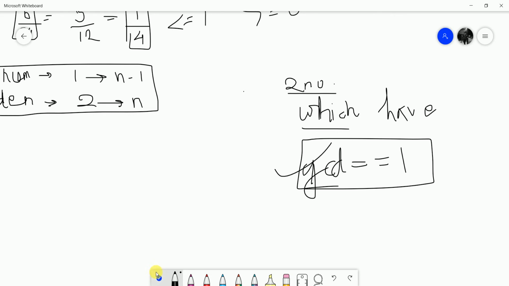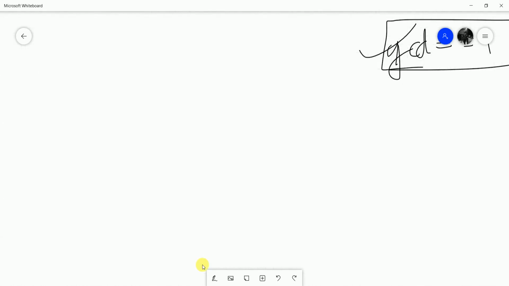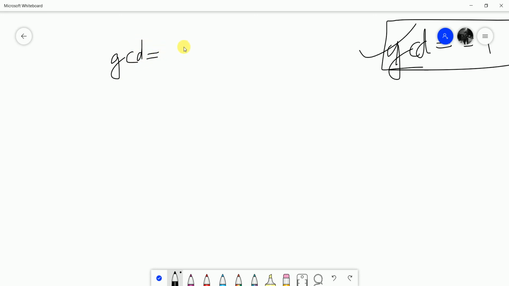Let me tell you once. If we are taking GCD of 15 and 3, how do we do it in mathematics? We write 15 inside the division and we divide it by 3. So 3 5s is 15, and in the first step we get the remainder as 0.